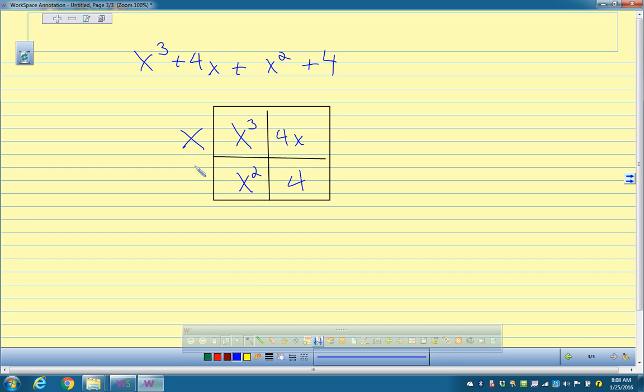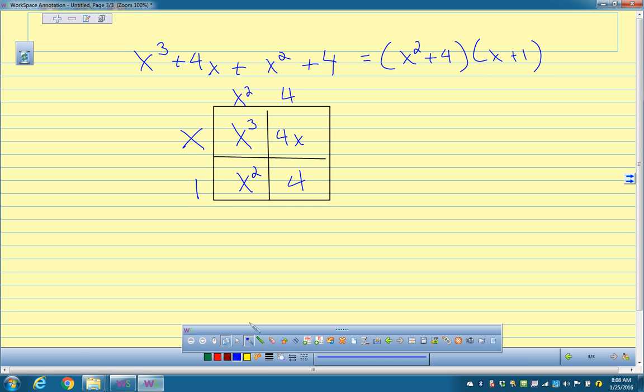X. What is the GCF of x squared and x cubed? X squared. What goes down here? X squared times what gives you x squared? 1. X times what gives you 4x? Okay, you're done. This is equal to x squared plus 4 times x plus 1. Easy enough? Okay?